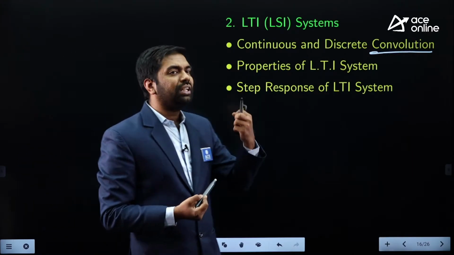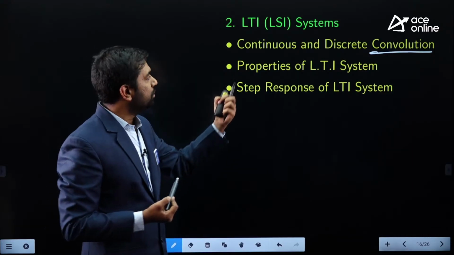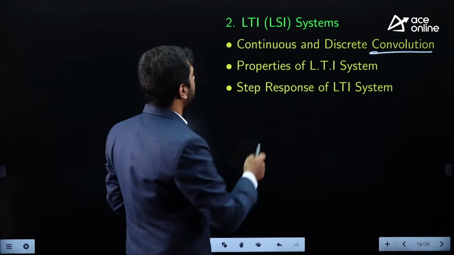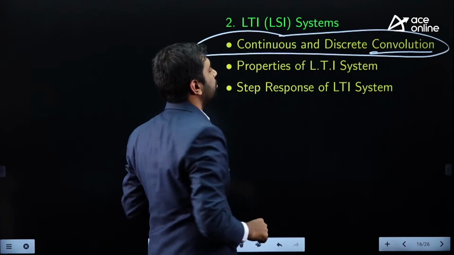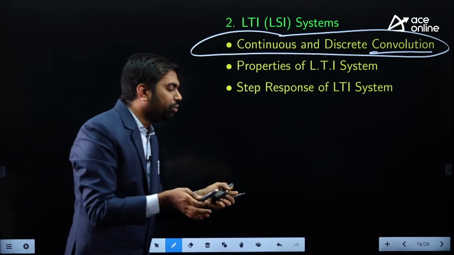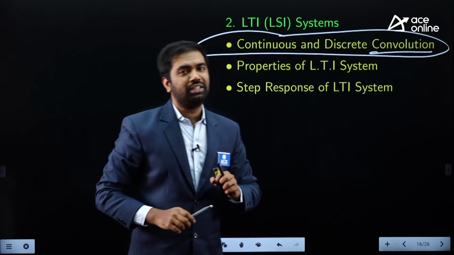There are also properties like the shift property and the scaling property. If you know these things, you can answer many of the questions. So you have to spend a good amount of time mastering how to convolve two waveforms.